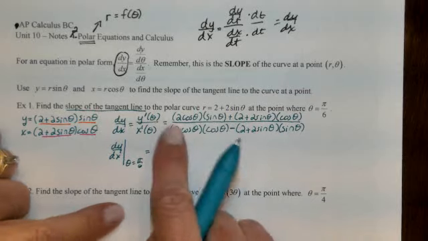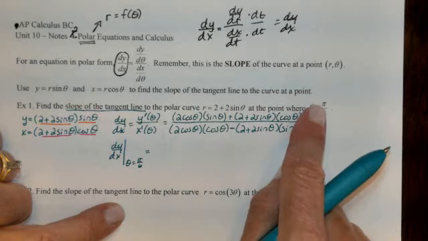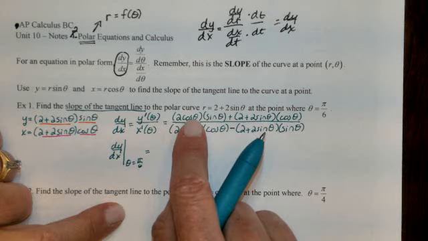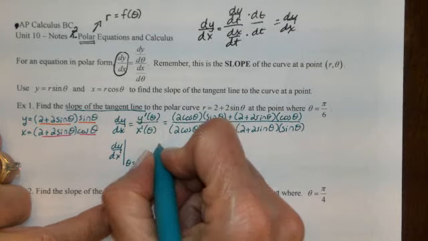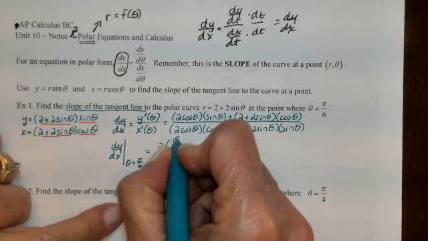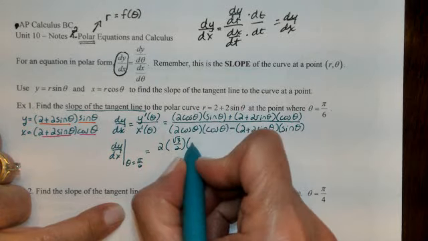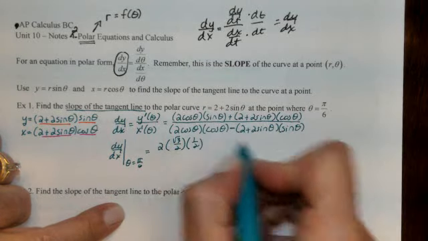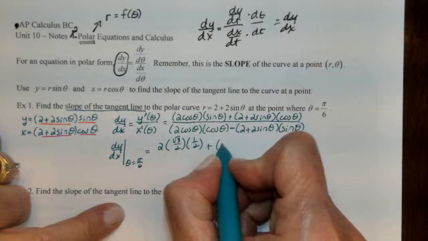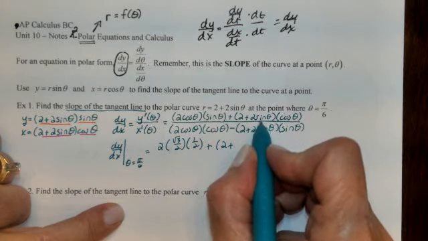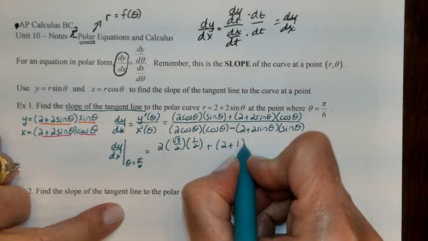All right. So 2 times cosine of pi over 6. Cosine of pi over 6 is square root of 3 over 2. So this is going to be 2 times square root of 3 over 2 times sine of pi over 6, which is a half, plus 2 plus, okay, 2 times 1/2 is 1.